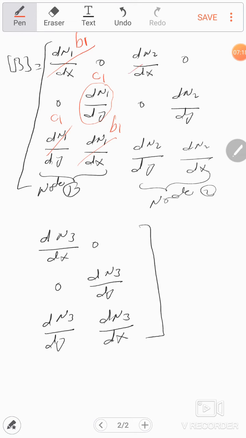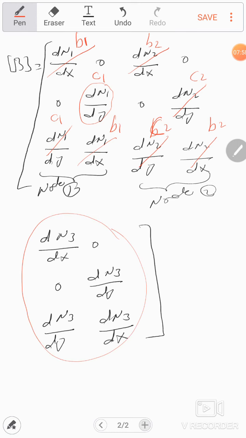Same thing with node number 2, but here I will give only the number 2 just to mention I am working on node number 2. This is b2, c2, c2 and b2. Same thing with node number 3.